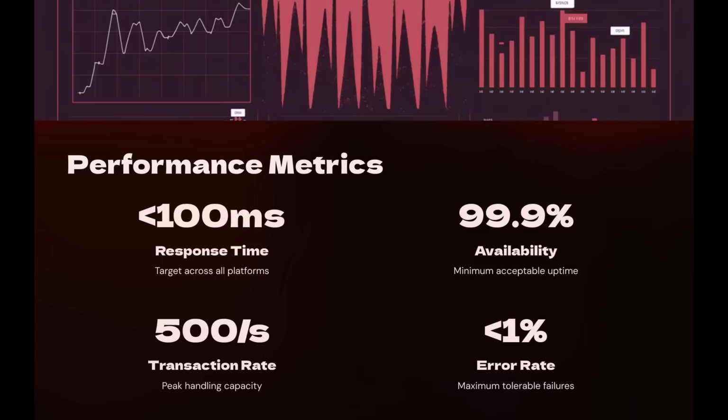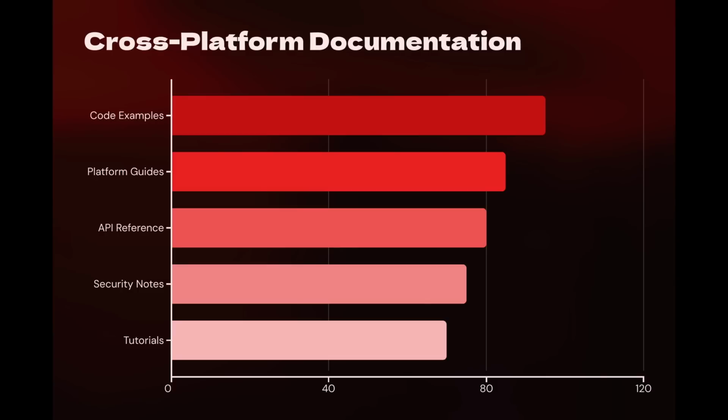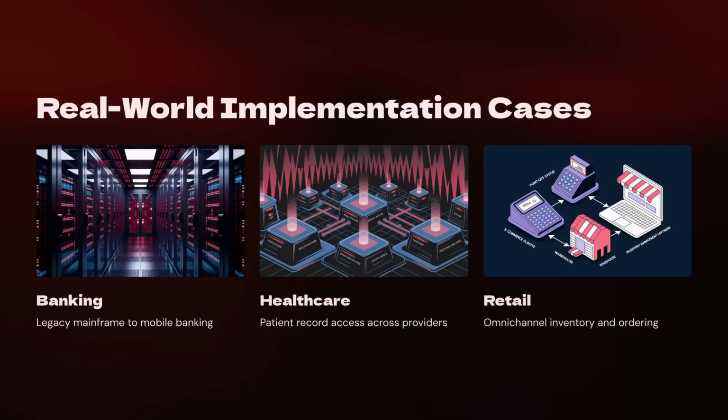Testing plays a critical role in ensuring the cross-platform API compatibility. Implementing rigorous testing procedures across various browsers, devices, and operating systems using tools such as Selenium or BrowserStack helps to identify and resolve compatibility issues before deployment.